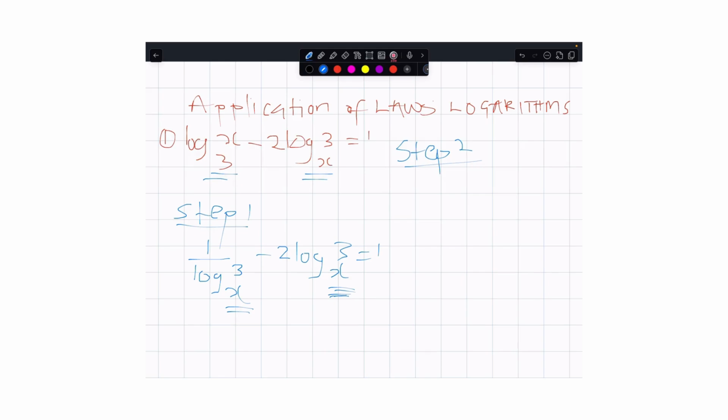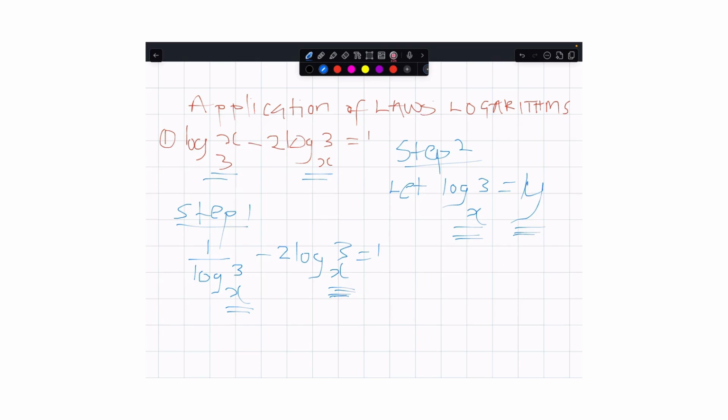So you come here and say let log of 3 base x be equal to y. Now, it means that wherever there is log 3 base x, you can go and substitute with y.